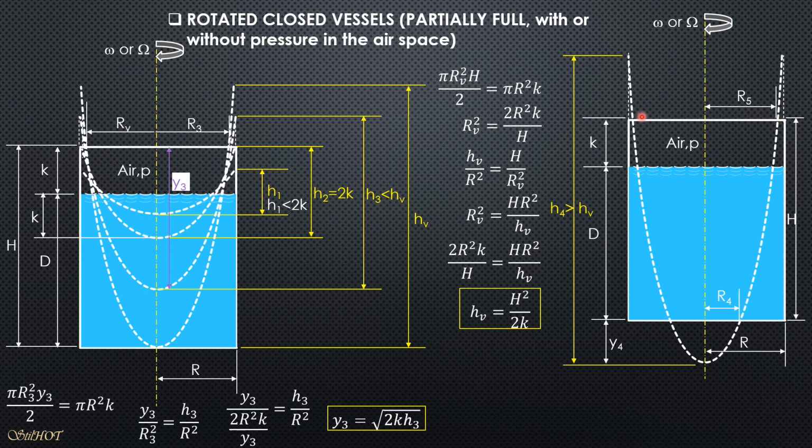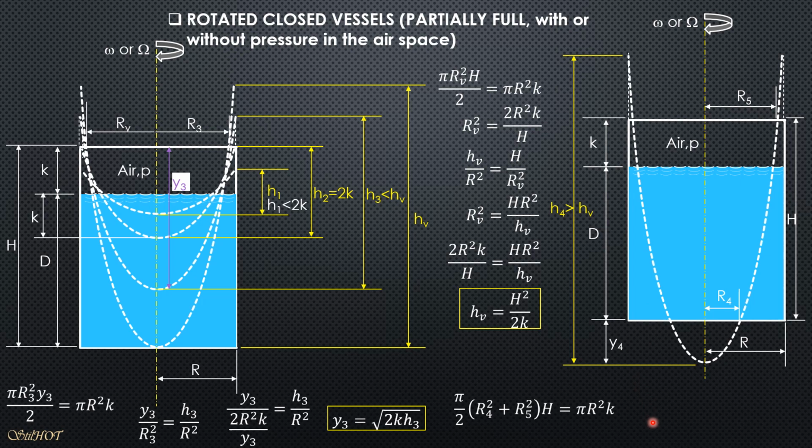So the volume of air is represented by a paraboloid of revolution with two bases, and we know already the formula for that volume: pi over 2 quantity r4 square plus r5 square times big H, equated to the original volume of air, which is pi r square k.